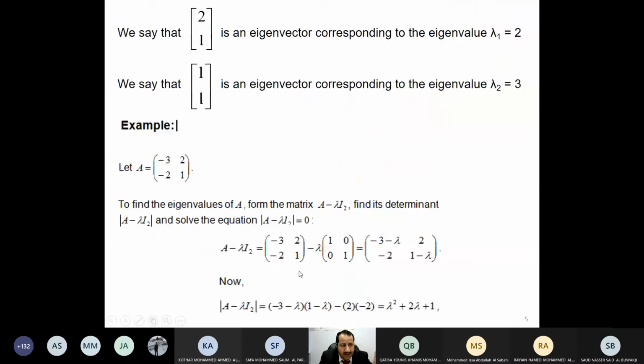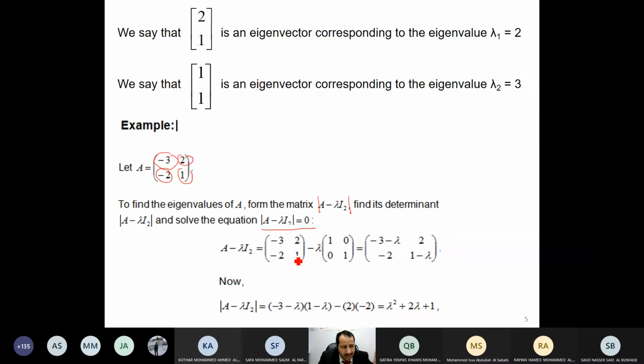Since we are talking about eigenvectors, let me solve a problem on how we find an eigenvector. We solved a few problems last week, but let's practice more. I have another matrix: minus 3, 2, minus 2, 1. As usual, I write the determinant, which represents the characteristic equation.